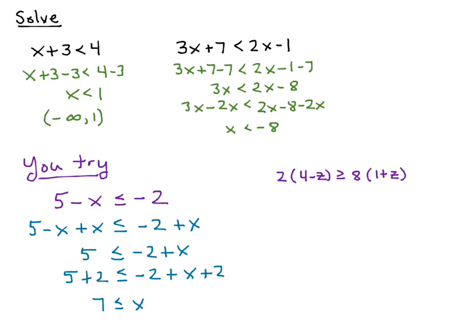Anybody get anything on it? Jaslyn, did you finish? What did you get? 0 is greater than or equal to z. Okay, so how did you do that step by step? I distributed the 2, and then I distributed the 8 on the other side.